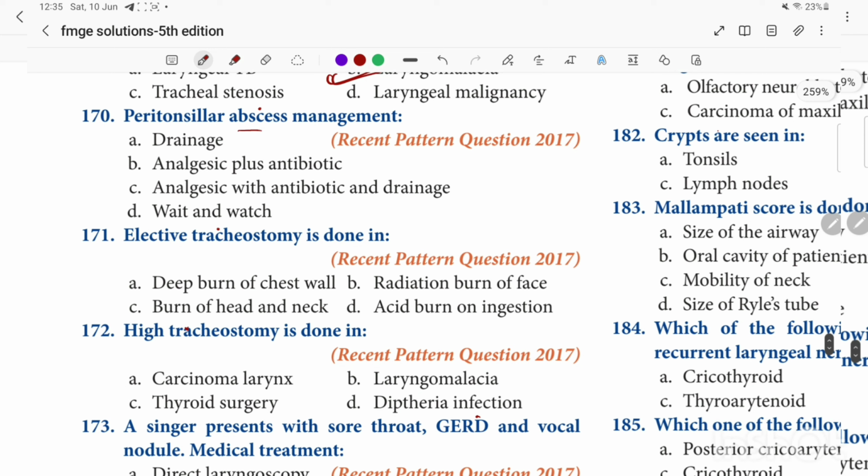Peritonsillar abscess management: if abscess, then drainage; if infection, then give antibiotic; if pain, then analgesic. So analgesic with antibiotic and drainage.